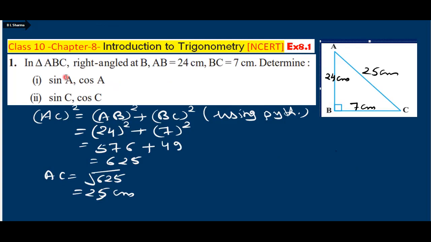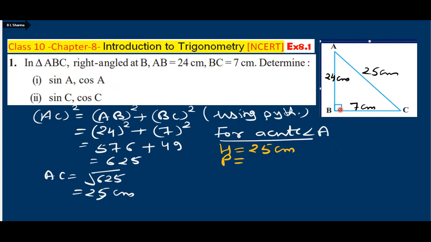Now we have to consider angle A. So now for acute angle A, first of all we have to determine the hypotenuse. The hypotenuse is the side just opposite to the right angle. So hypotenuse is 25 centimeter.